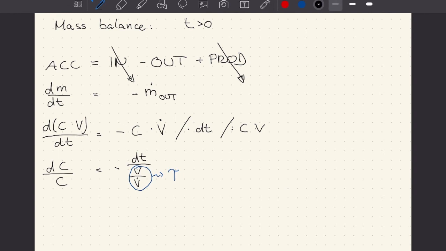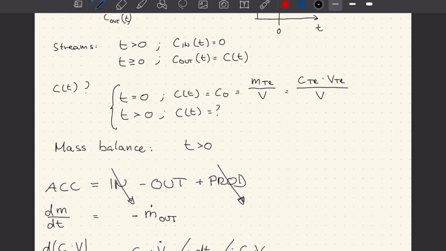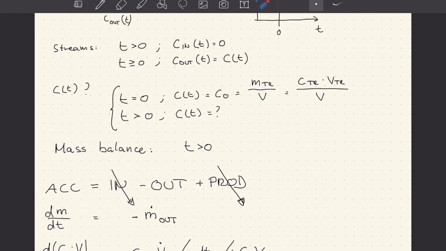So now we can rewrite this equation as dc over c, and this is equal to minus dt over tau. And given what you have seen before, we can actually use these quantities here as our boundary conditions.